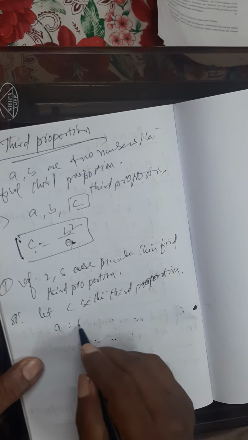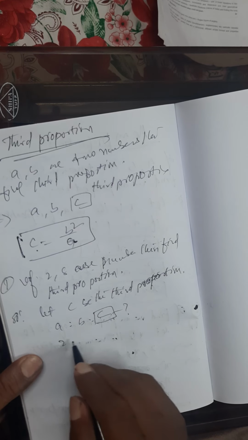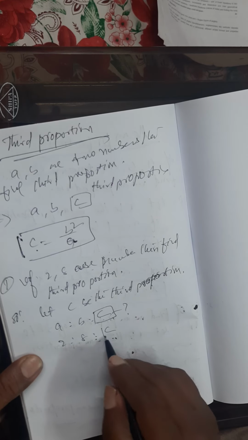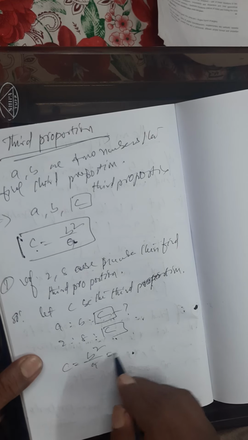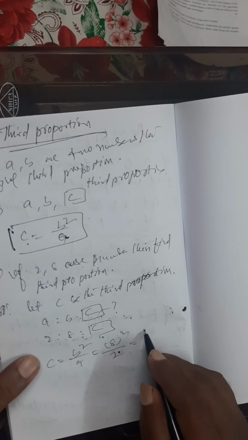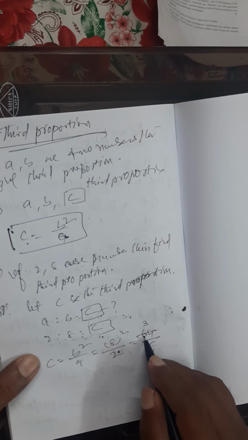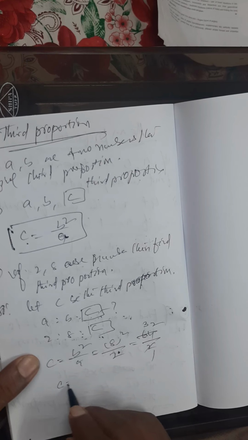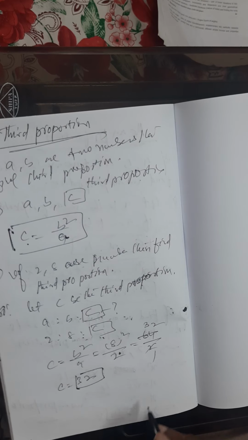So A is to B is to C; here 2 is to 8 is to C. We know that C equals B square by A. B square is 8 square, by 2. 8 square is 64, by 2. So C is 32.